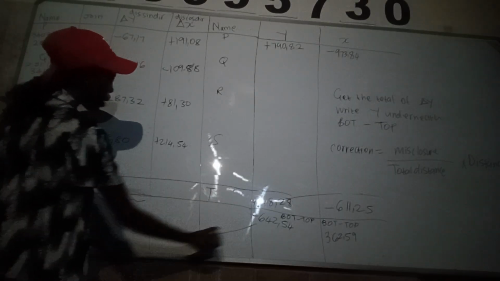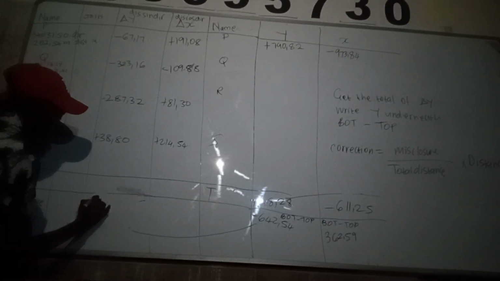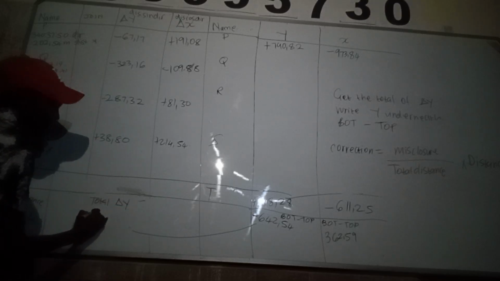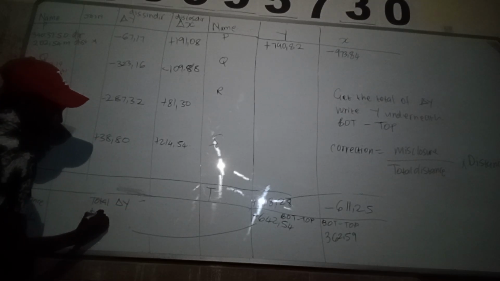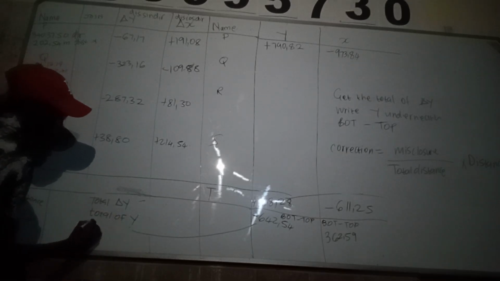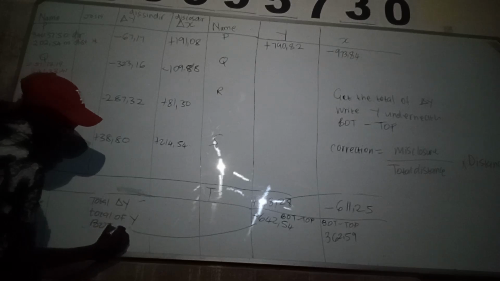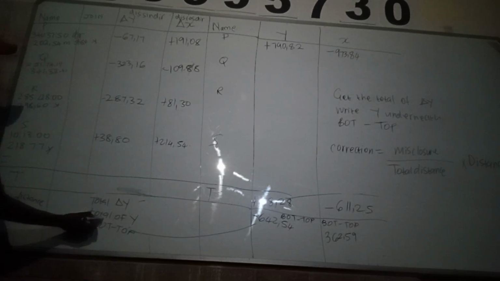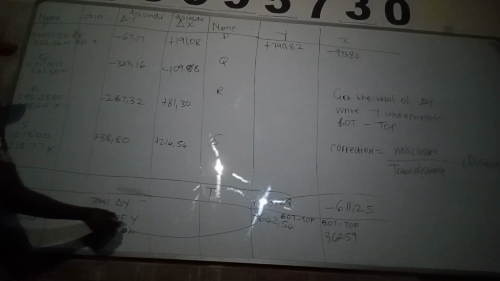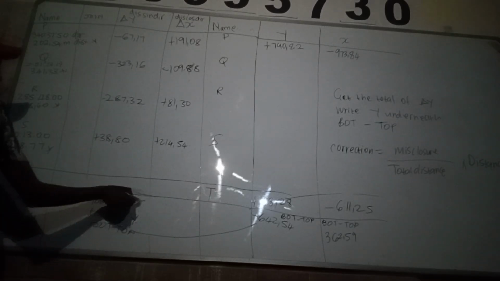This is the total of y. So this is going to be the total of change in y, and then underneath you will write the total of y. So it's going to be bottom minus top. Again, the total of y will be at the bottom, and then the total of change in y will be at the top. So I'm going to say the bottom one minus the top.